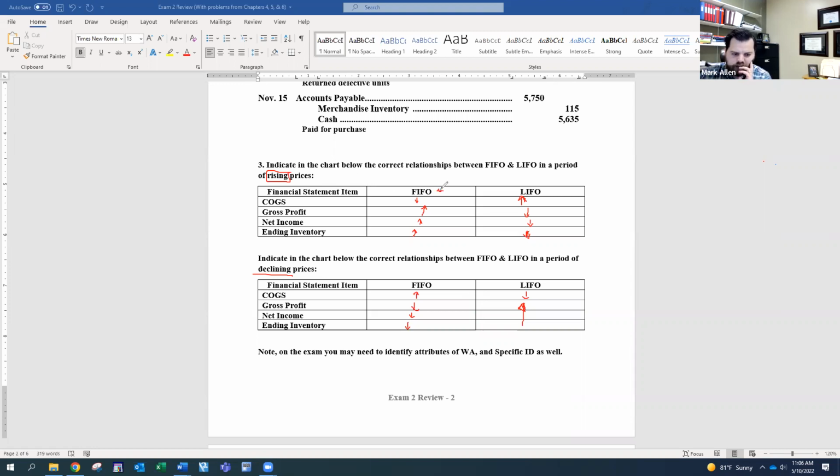And if we look at FIFO, it gives me a lower expense, higher gross profit, higher income, and higher assets on the balance sheet. Why might I choose to go with LIFO? That's the cynic in you saying it. Well, is there a benefit occasionally to reporting a lower net income? And the answer, of course, is yes.